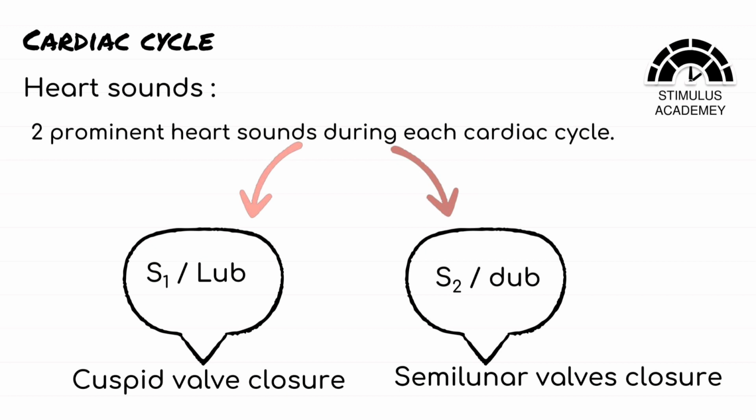And the second sound, S2, that is dub, is heard when the semilunar valves are closed with force. For your knowledge, there are two other sounds associated with the heart, S3 and S4, but they are not heard normally.